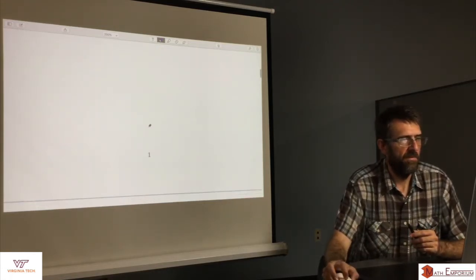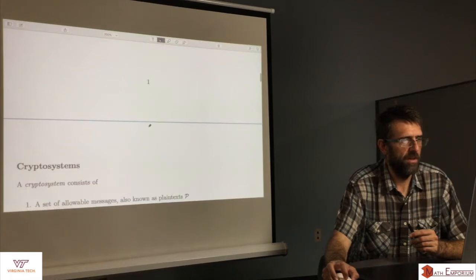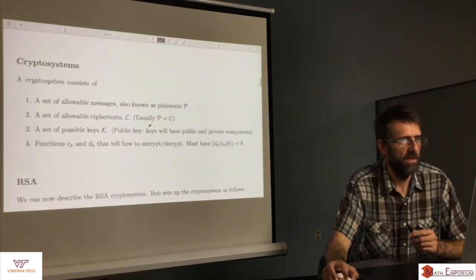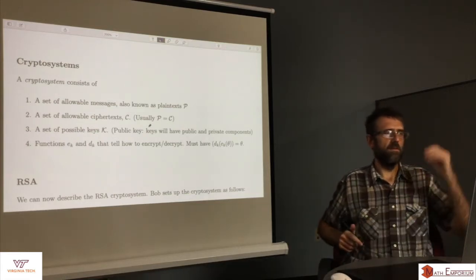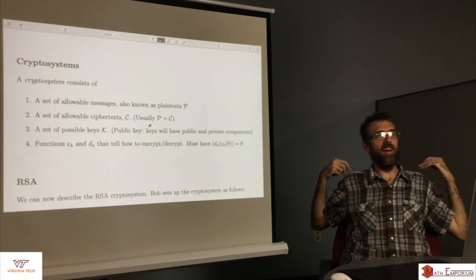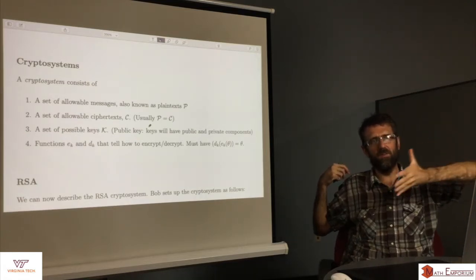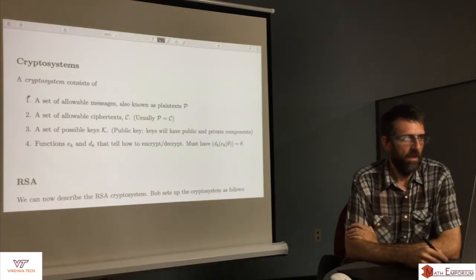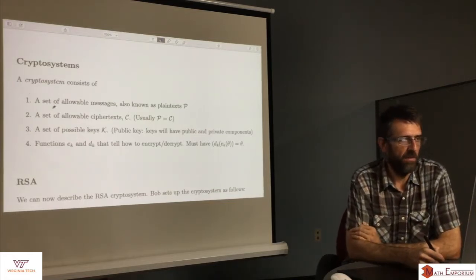All right, so we've got all the number theoretic preliminaries out of the way to be able to describe the RSA cryptosystem. So before we describe RSA, let's give a definition of what a cryptosystem is, since this is really the first public key cryptosystem that we're looking at.